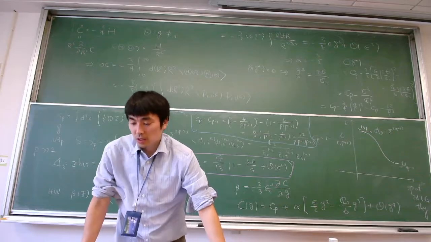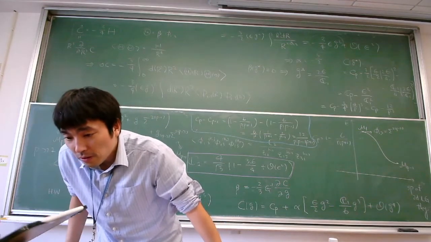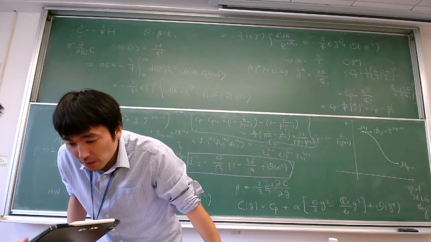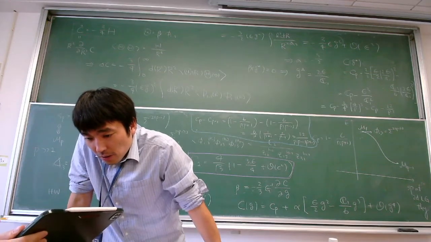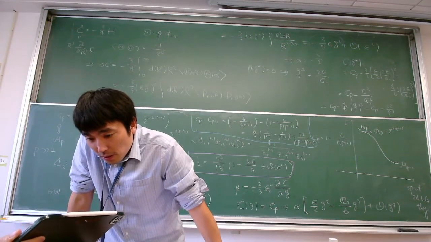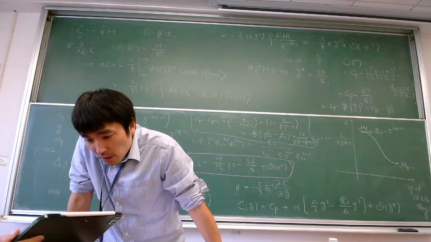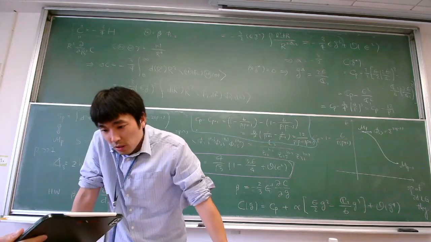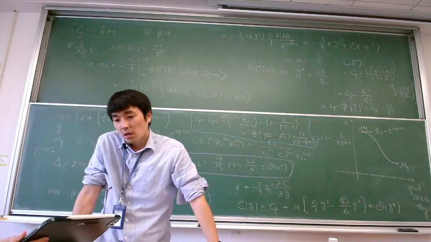I don't understand why we pick the lowest dimension term and identify it with the scalar field. Why always the lowest dimension?